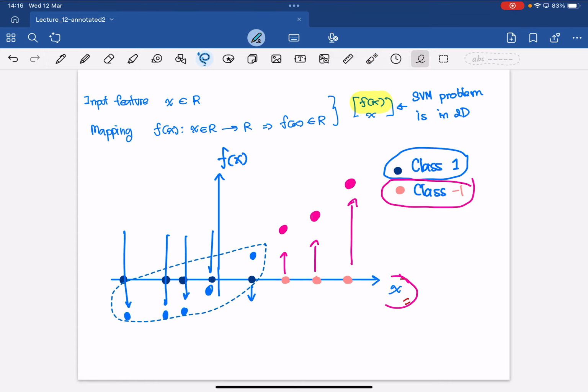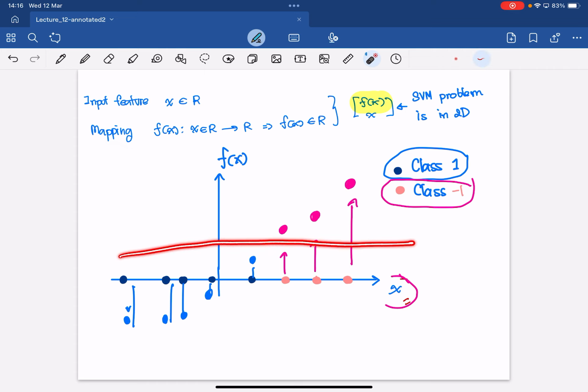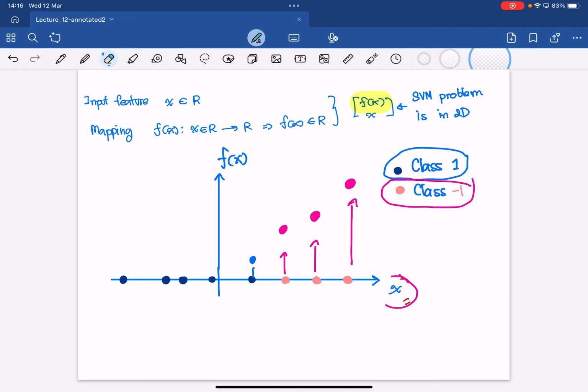Maybe you get something a little high up here and really, really close to the other sample that you map. Then your thresholding or hyperplane will have a more difficult judgment to separate them.